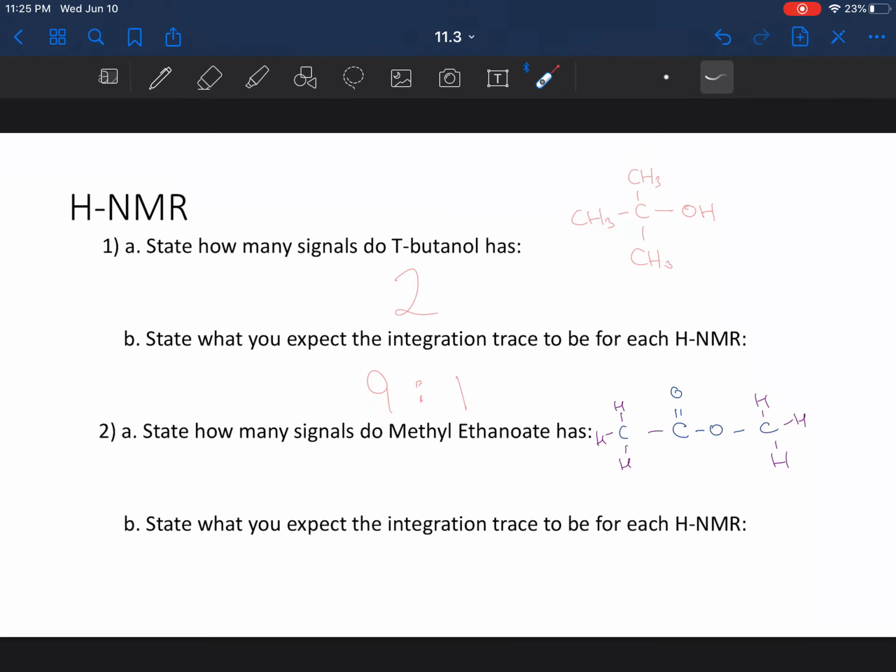If you look at this H right here, that is bonded to this C. This C is bonded to two other H's and a C. This H is bonded to a C that is bonded to two H and an O. These three are in the same environment. These three are in a different environment, but these three are the same. So your answer again is 2.